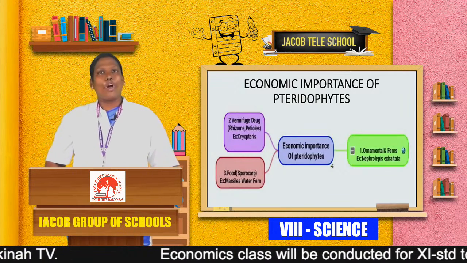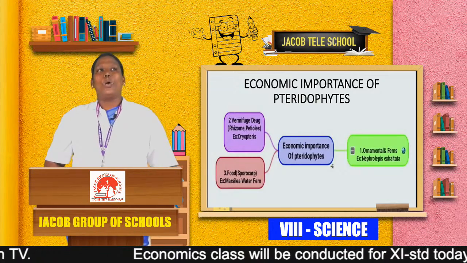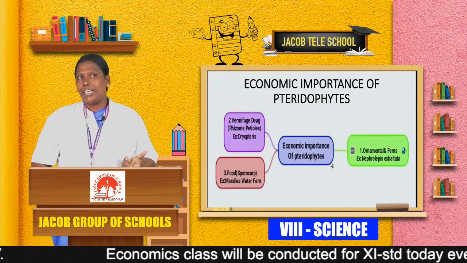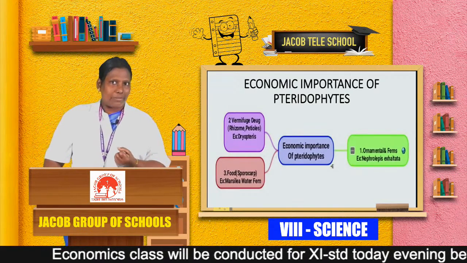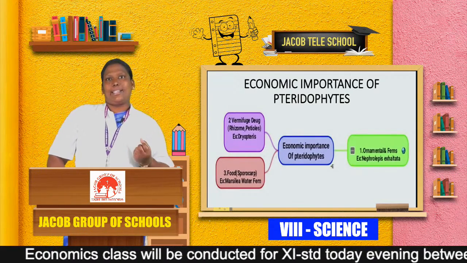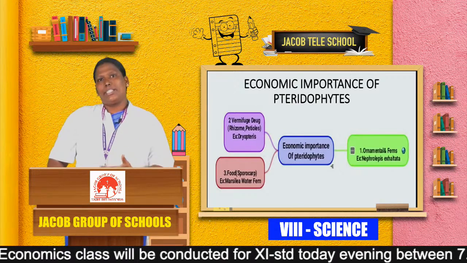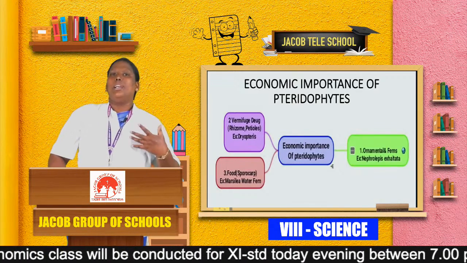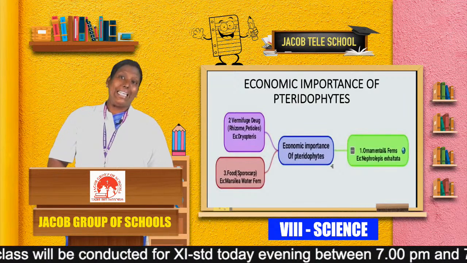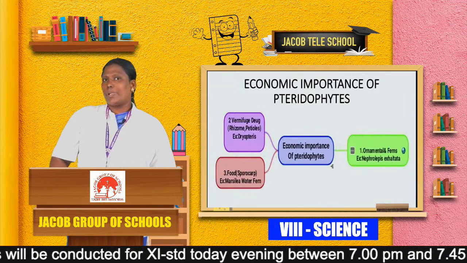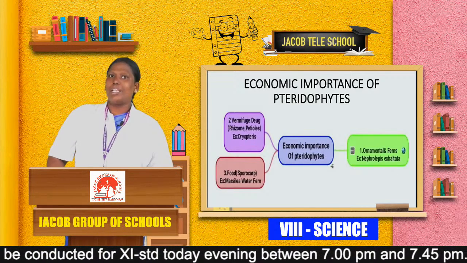From this fern Bryopteris, a drug is collected and extracted from the rhizome and the leaf stalk. When that extract is given to patients with intestinal worms, the intestinal worms are killed. So in this way pteridophytes are very useful as a medicine.